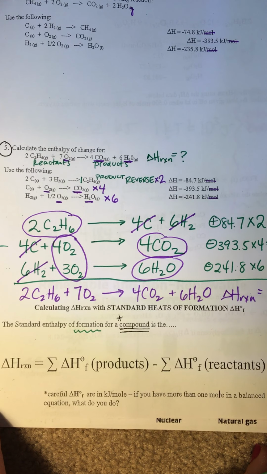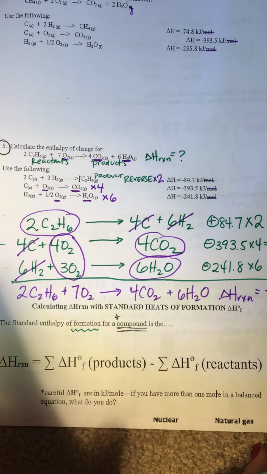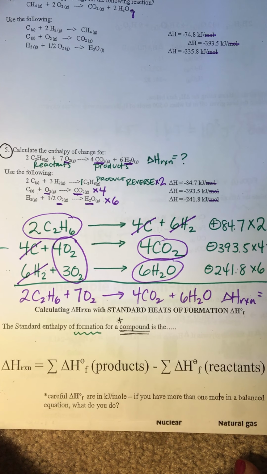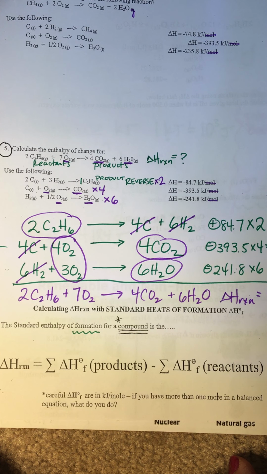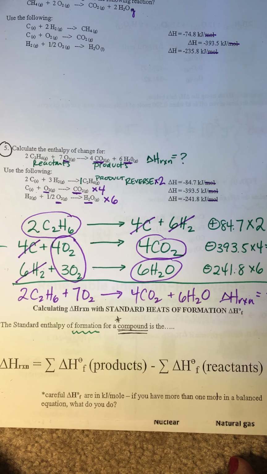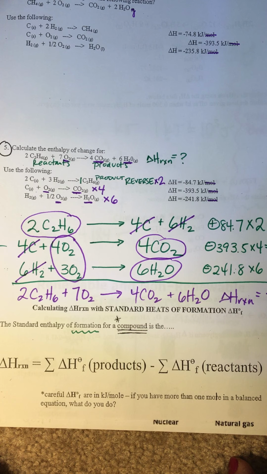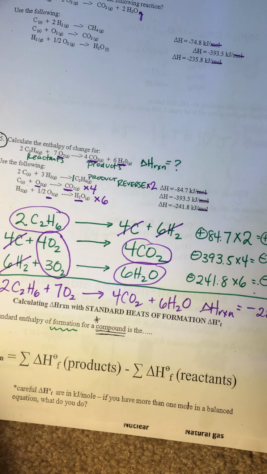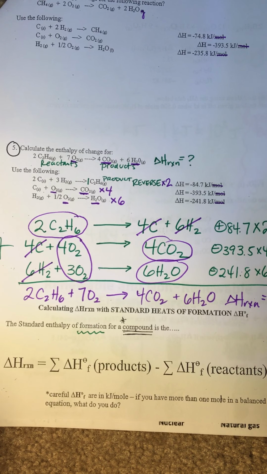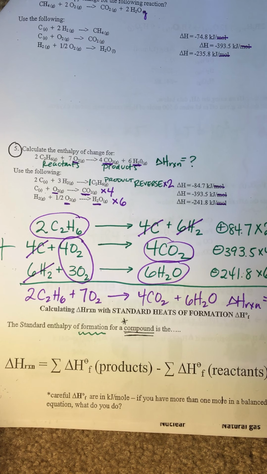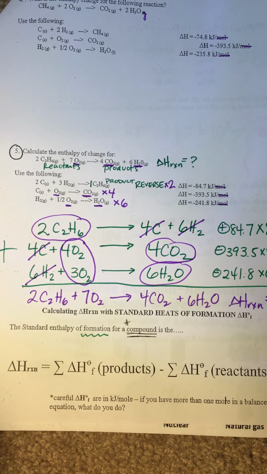And for this class, you're assuming that all the elements already existed. We're not taking into consideration any exceptions like diamond. Diamond is elemental carbon, but it does have a small heat of formation because it's in a more geometric shape. So you could actually look those up in the index table of all these heats of formation in your text.